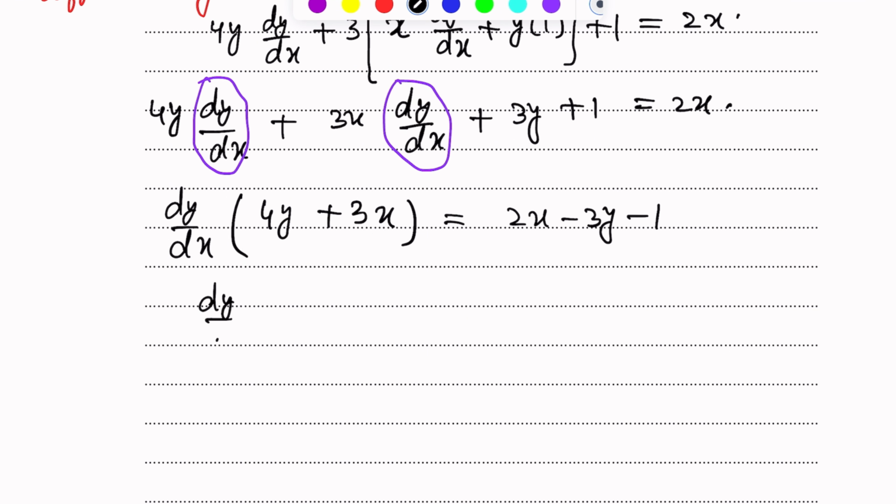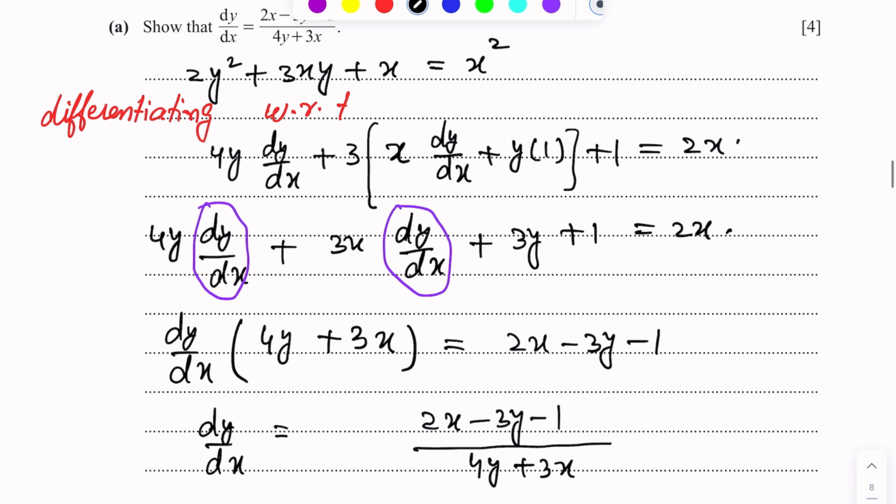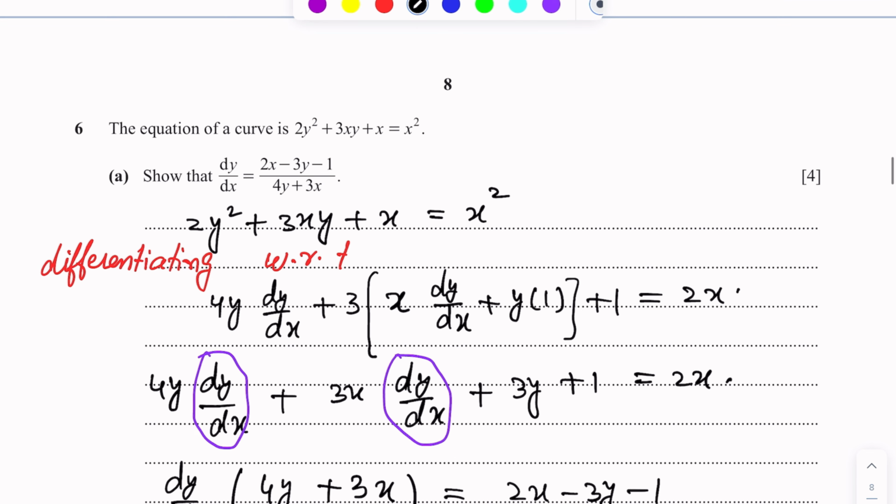Dy over dx will be 2x minus 3y minus 1 over 4y plus 3x. And this is shown. This is what we had to show.